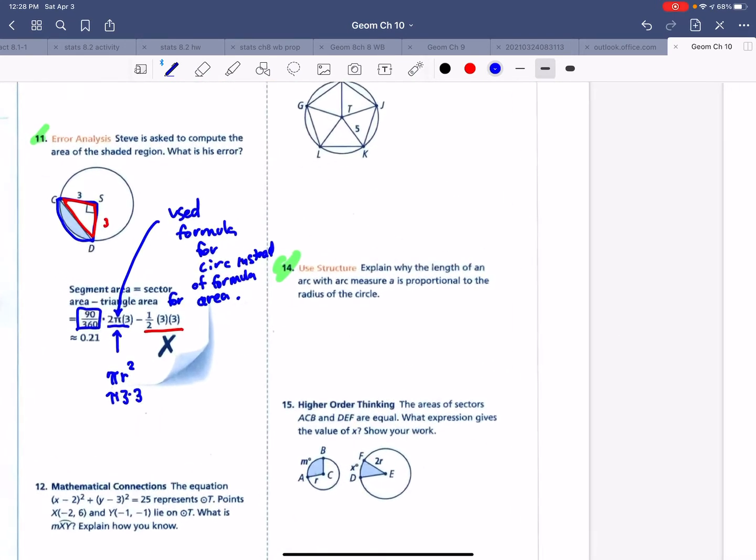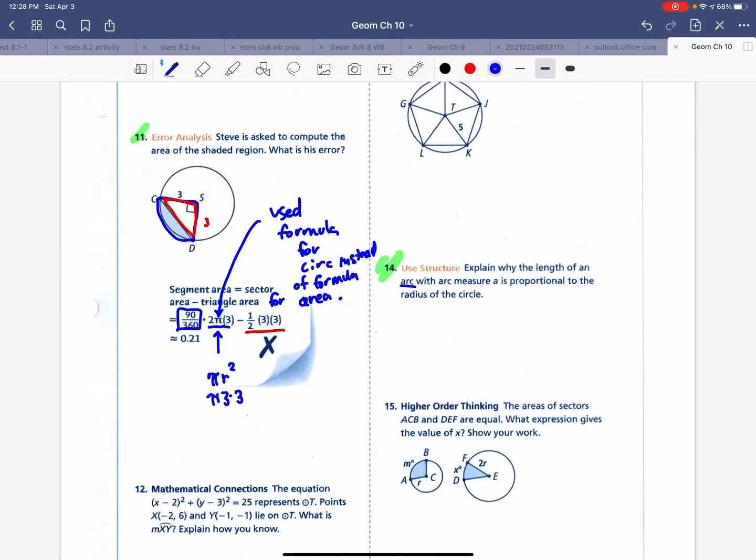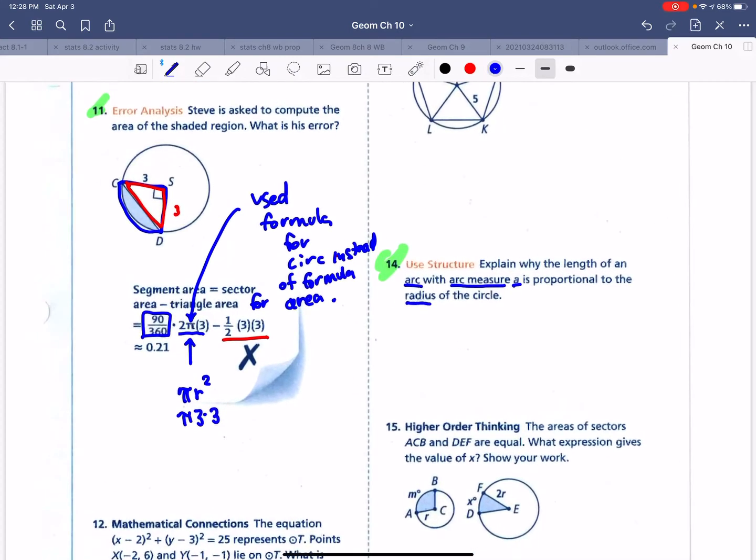Okay, question number 14. Explain why the length of an arc with an arc measure A is proportional to the radius of a circle. Okay, so we'll make a circle here. So let's think this would be an arc.